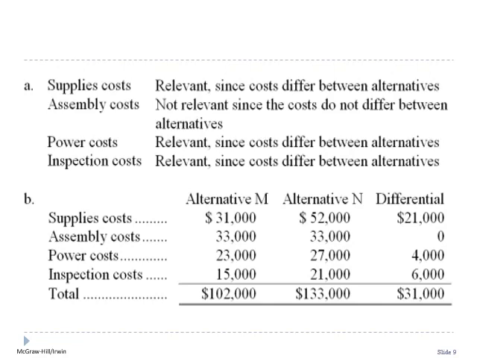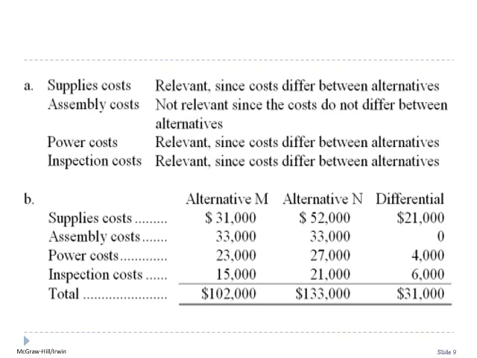So the differential cost of the supplies costs equals 21,000. For assembly cost, differential cost equals 0 because the two alternatives are the same. واحنا قلنا دي irrelevant costs.